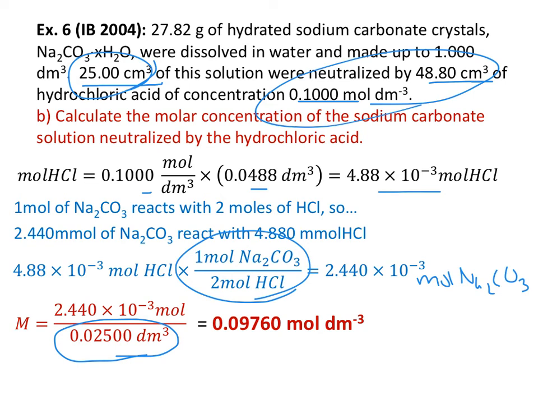So then we just take the moles, now that we've converted it to moles of base, divide it by that volume, and we should get 0.976 moles per decimeter cubed. And I think I did, yes. So this is all 4 sig figs. I dropped a 0 myself on the last problem, so be careful of that. It should have 4 sig figs.